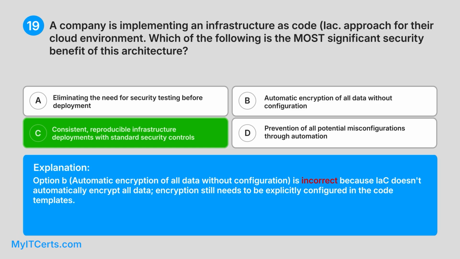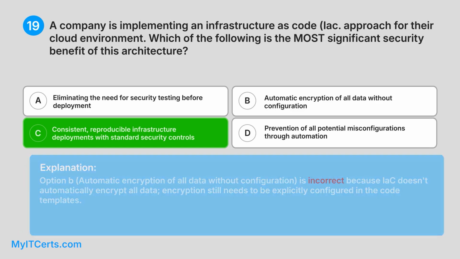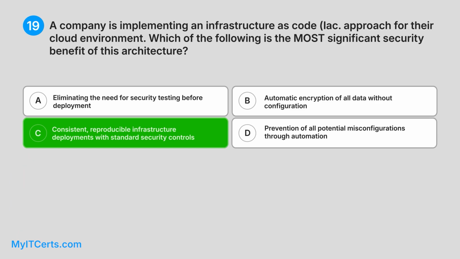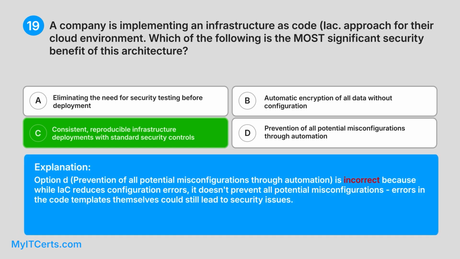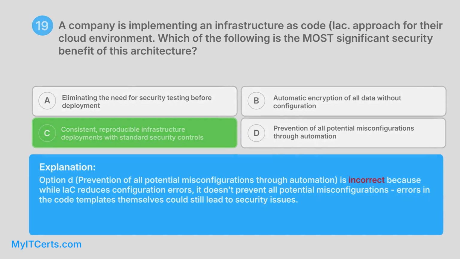Encryption still needs to be explicitly configured in the code templates. Option D, prevention of all potential misconfigurations through automation, is incorrect because while IAC reduces configuration errors, it doesn't prevent all potential misconfigurations. Errors in the code templates themselves could still lead to security issues.